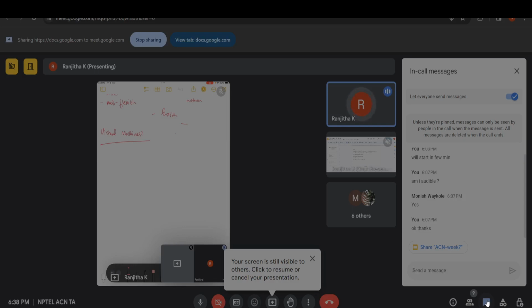So let me take a simple example of a desktop machine wherein I am running a Windows machine. In earlier days, before virtualization came in, we used to have our laptops or desktop machines mostly dual bootable.